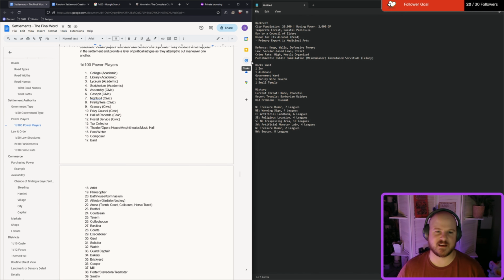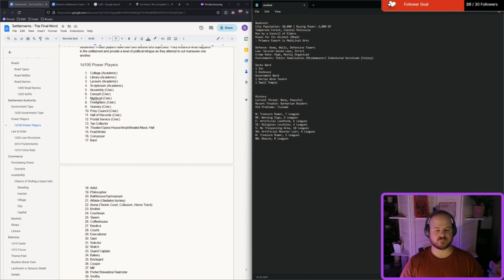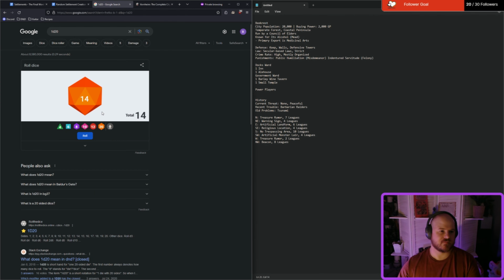Alright, let's make some power players. I didn't include those, so let's do that. I usually like to make one per ward, but three minimum.